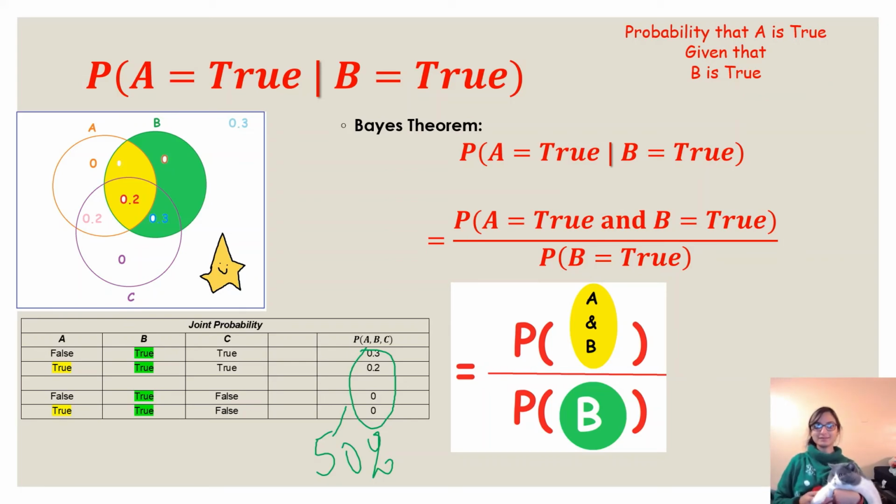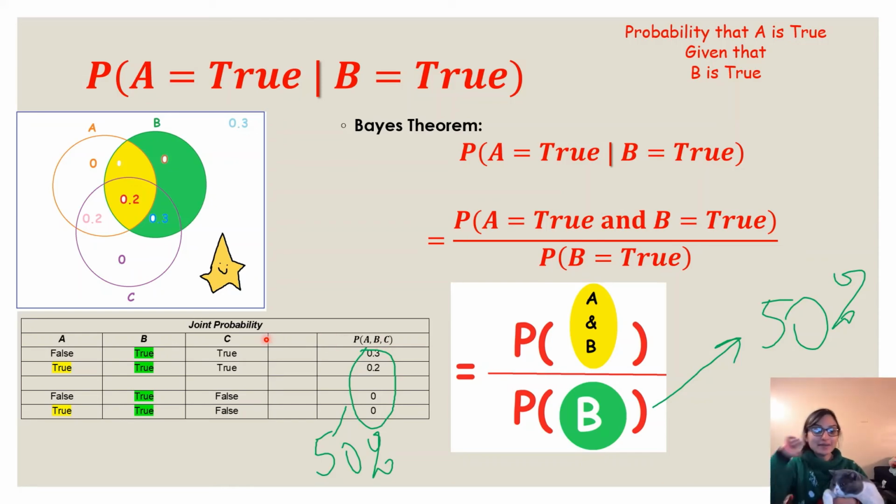So this part, when B is true, is 50%. That's the probability that B is true, given by 50%. If we add this all up, it's also 50%. These correspond to these here. And then we look at when A is true, regardless of what C is. C can be true or false, it doesn't matter.